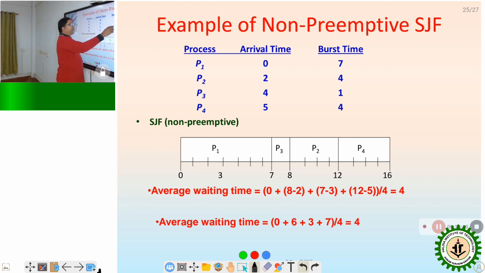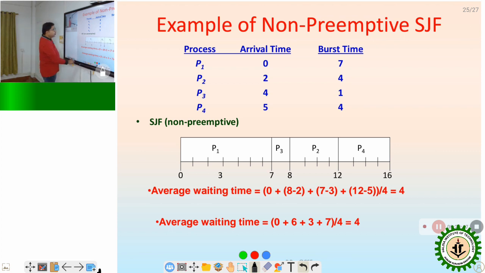So the lowest time is for P3, so P3 will have the higher priority. We allocate P3 here, only 1 unit of time. Then P2 and P4 are left. So we allocate P2 here, and after that allocate P4. This is the case of SJF, shortest job first, which is non-preemptive.